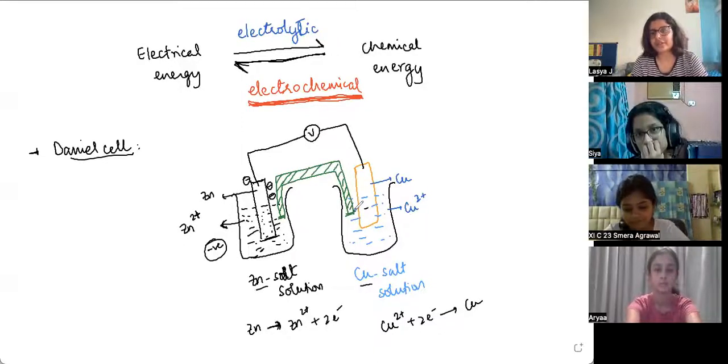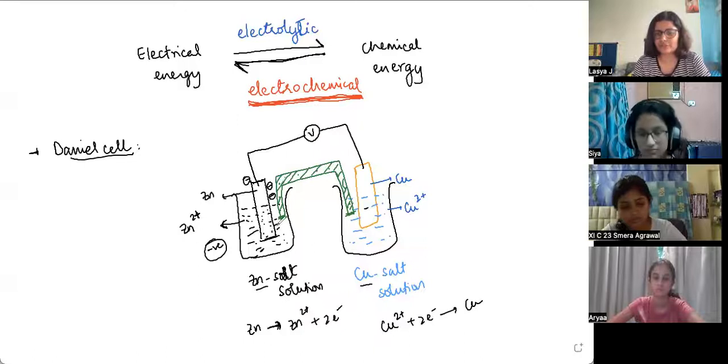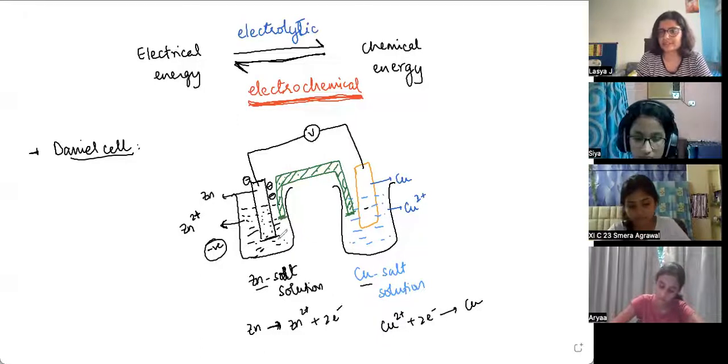So usually the point is that you have something to hold the ions of the salt here, and something that enables the exchange of ions with the solution. The sole purpose of the salt bridge is to complete the circuit so that the charges are able to move continuously from one side to the other.